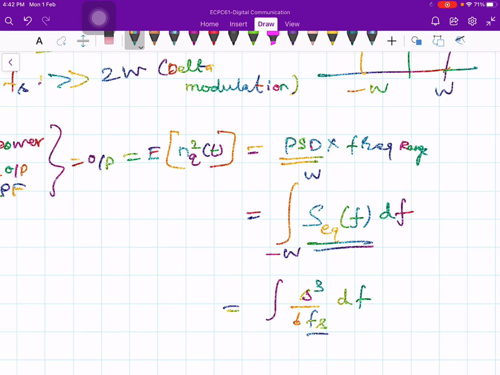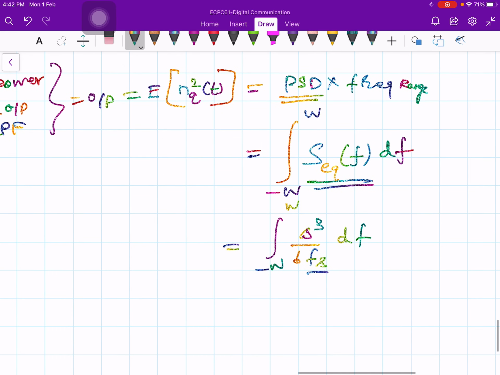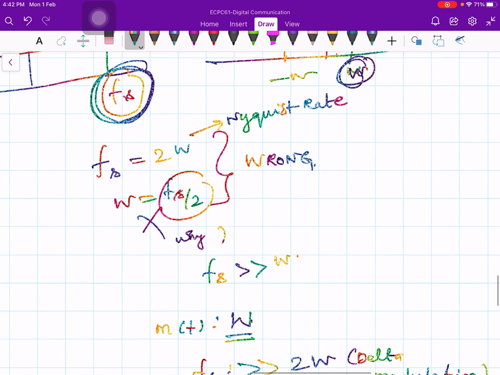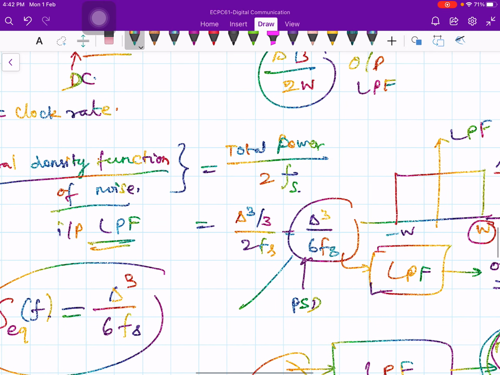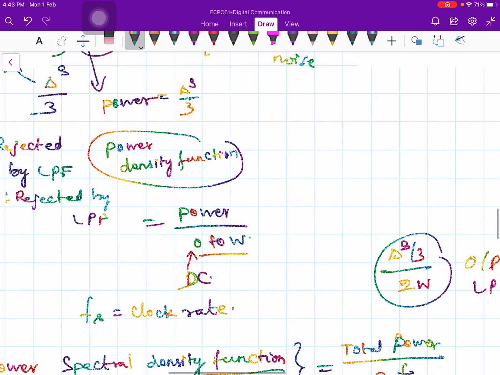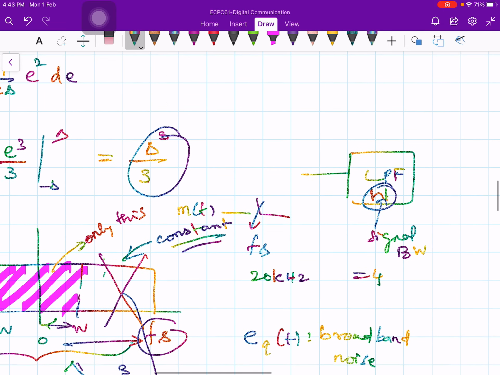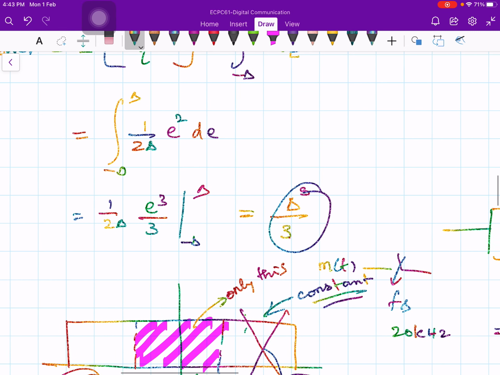Fs is constant, delta is constant, you can pull out. So once you do this integration, then delta, is it delta square or delta cube? I did a mistake somewhere. Why did I put delta cube? I think here somewhere I made this.